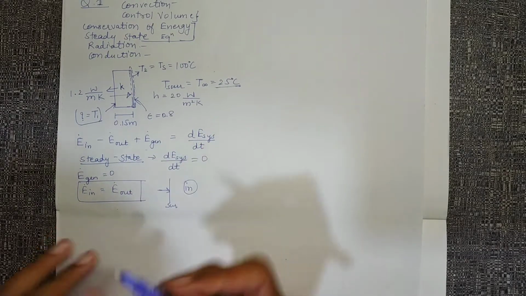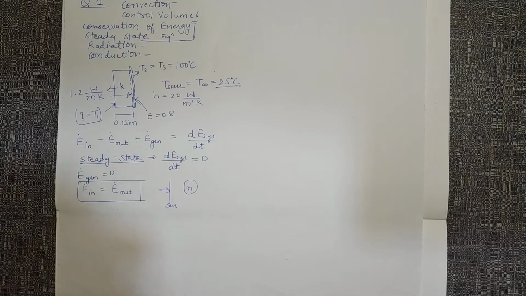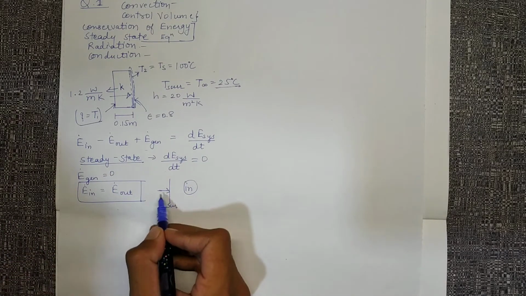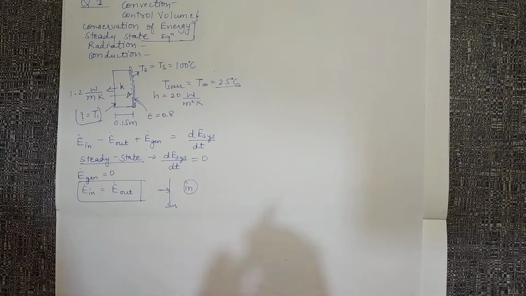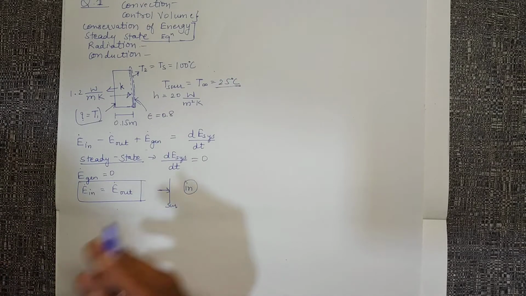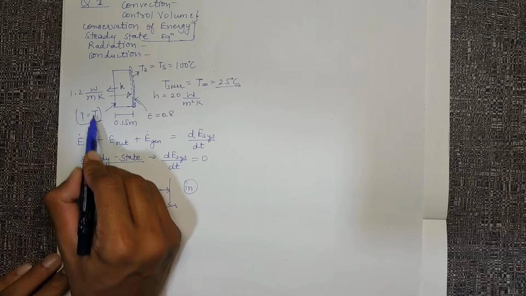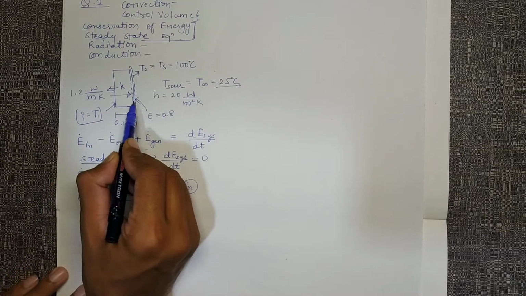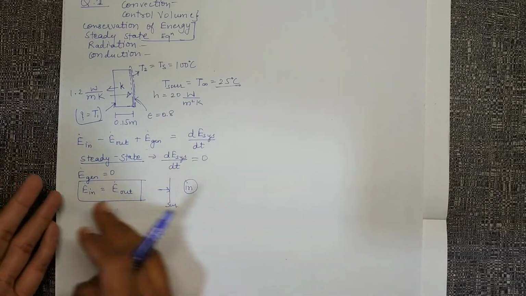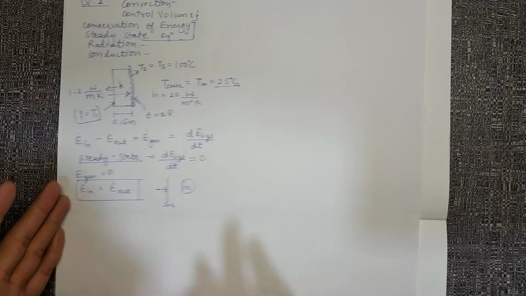That's why from that side we will be losing heat. From this side we are assuming we are gaining heat. That's an assumption. It doesn't matter even if we are losing heat from that side. That means the temperature T1 is less than temperature T2. That will not matter. Whatever needs to be taken care of will be taken care of in the formula.